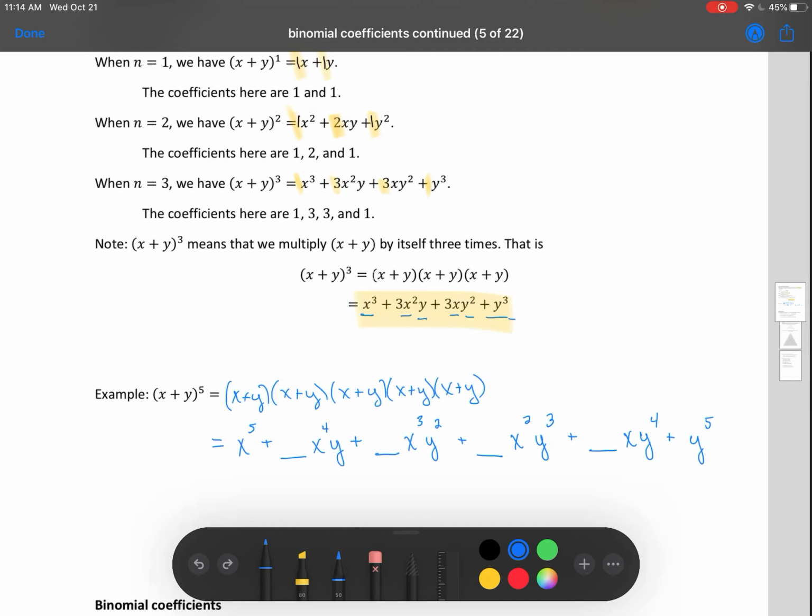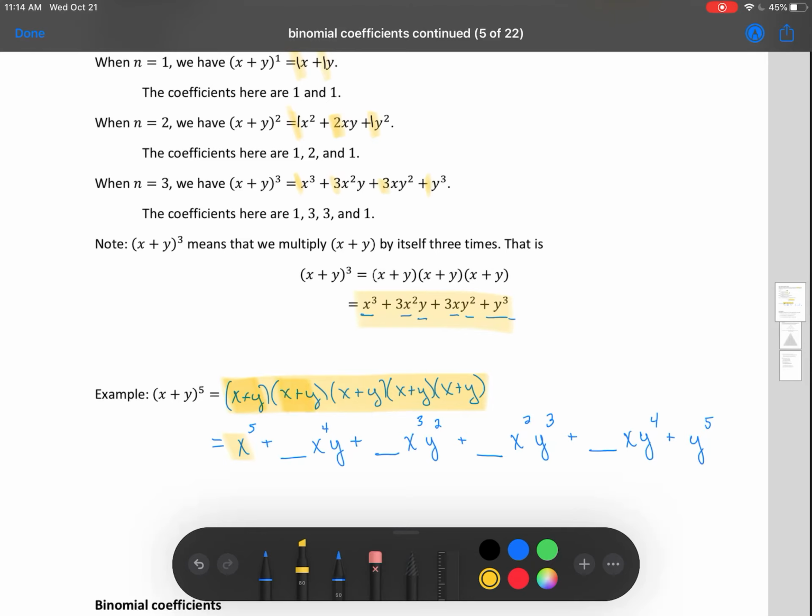We can also think about it as the coefficients. So for instance, for x to the 5th, the only way that we're going to get x to the 5th is if we look at these 5 terms up here. Well, we need to choose each one of those terms to contribute either an x or a y. But in order to get x to the 5th power, we need all 5 of them to contribute an x.